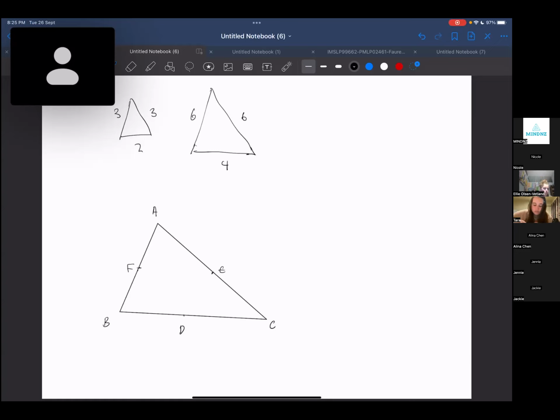Okay, so now that we've constructed the midpoints of each side, we want to draw the perpendicular bisector. That is the line that comes from each of these points that forms a 90-degree angle. So what that looks like, I'm trying to draw a dotted line, but failing quite miserably.